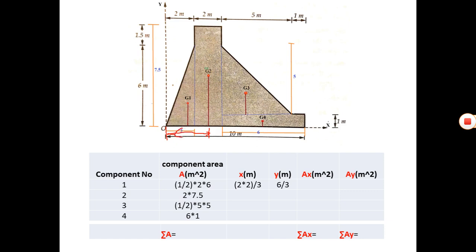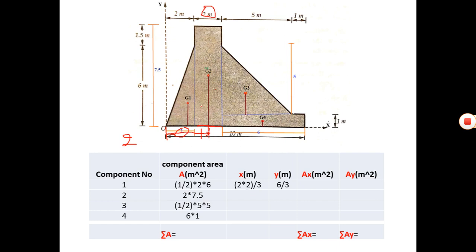So add its width plus the centroid of this base. With respect to the x-axis, it becomes half of the width. So half of the base width becomes 2 divided by 2. The base width is 2, so 2 divided by 2 is 1. So finally we get 2, the base width of the previous right angle triangle, plus this centroidal distance. So 2 plus 1, 3.